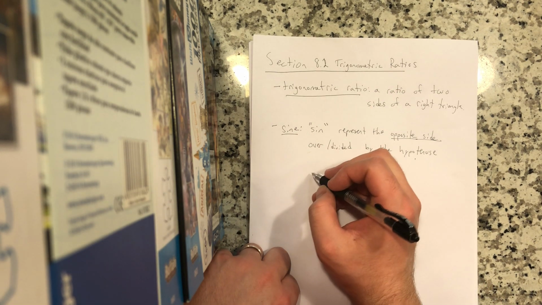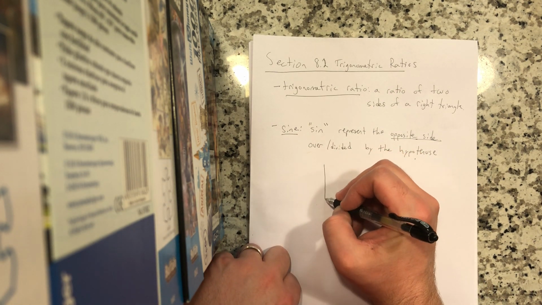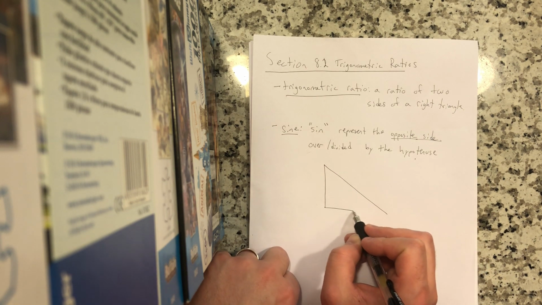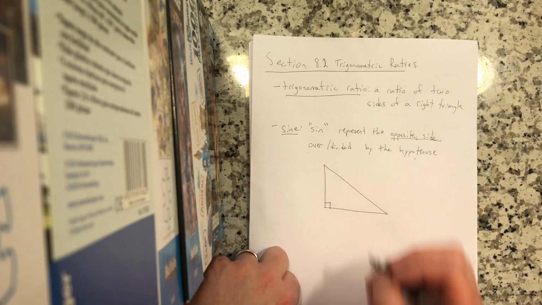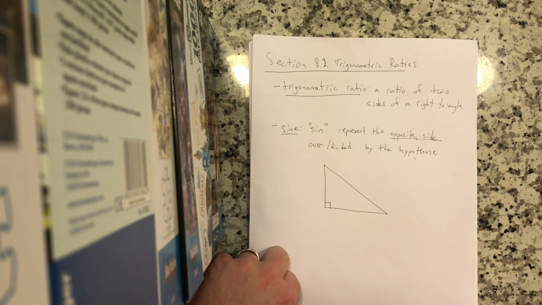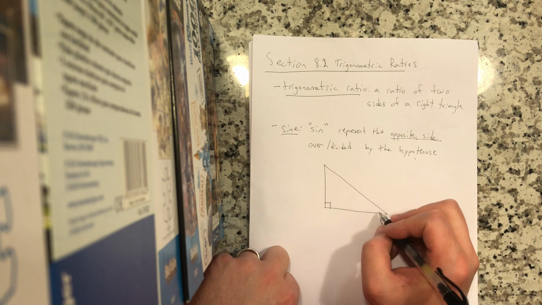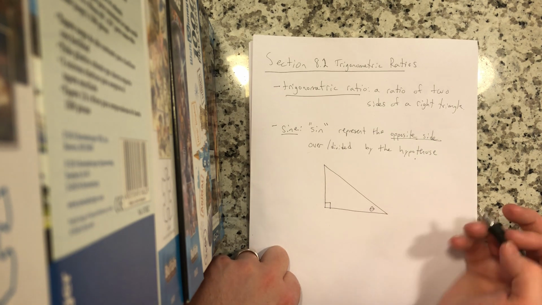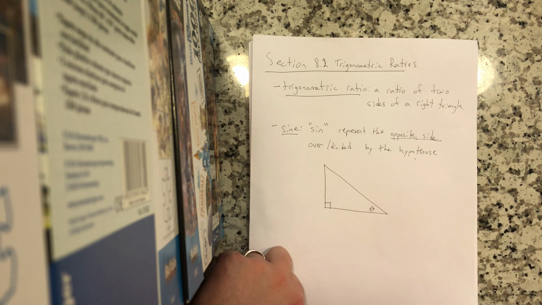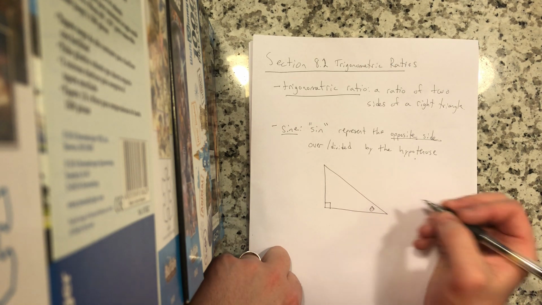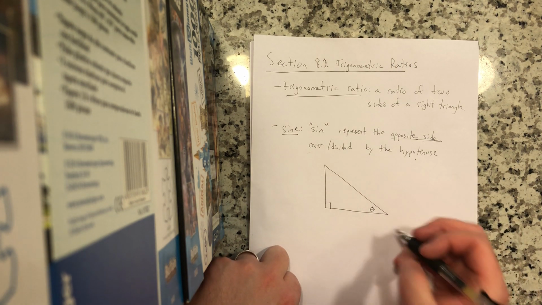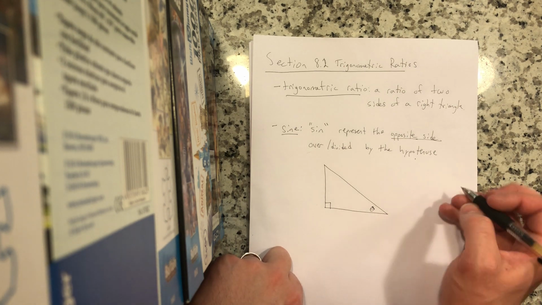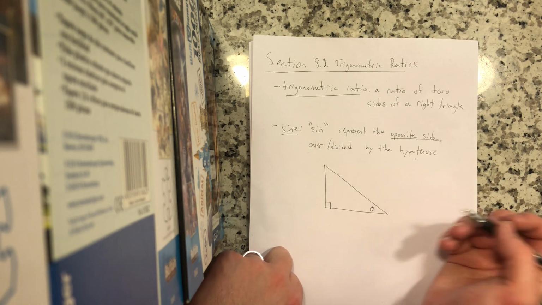So just as an example here, if I draw you a picture. Here's going to be our right angle. Let's say this angle here is represented by the Greek letter theta. So let's say we're considering this angle.